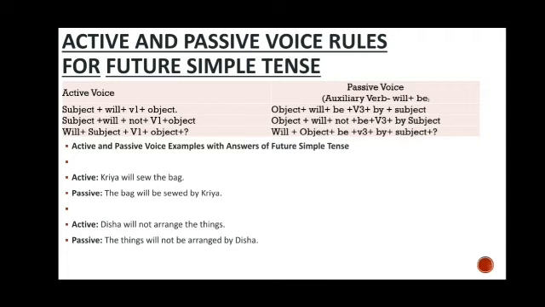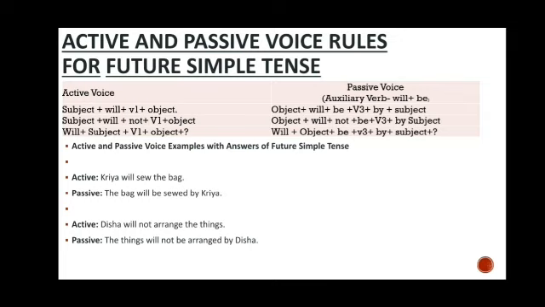Now next is simple future tense. In simple future tense, we write subject, then will, then verb first. When we are talking about negative, then subject, then will, then not, then verb first and object. When I am talking about interrogative, then will, then subject, then verb first, then object. And in changing, what will you do?